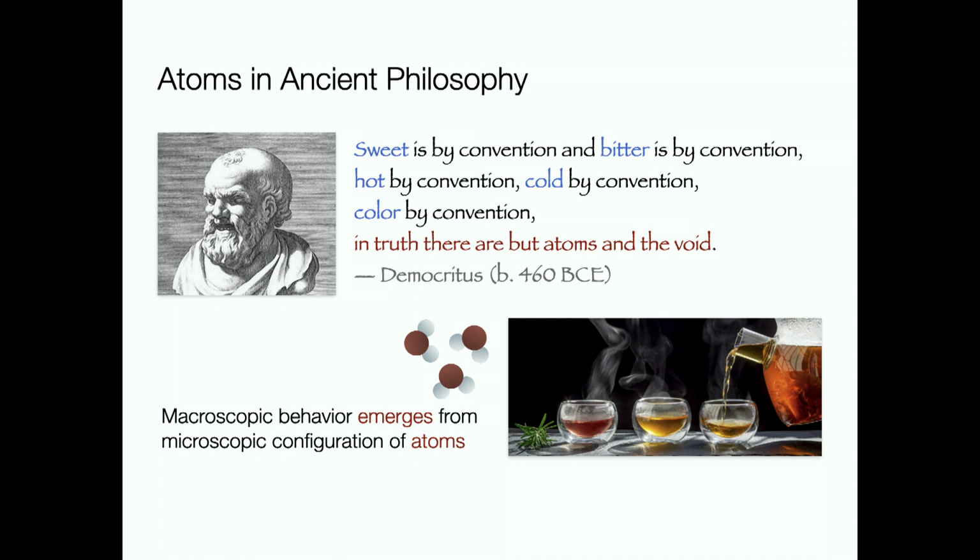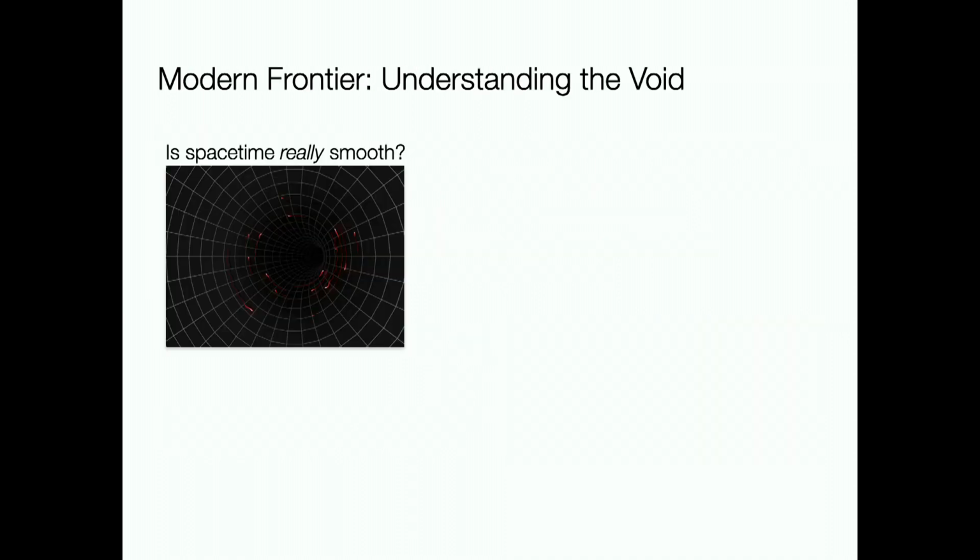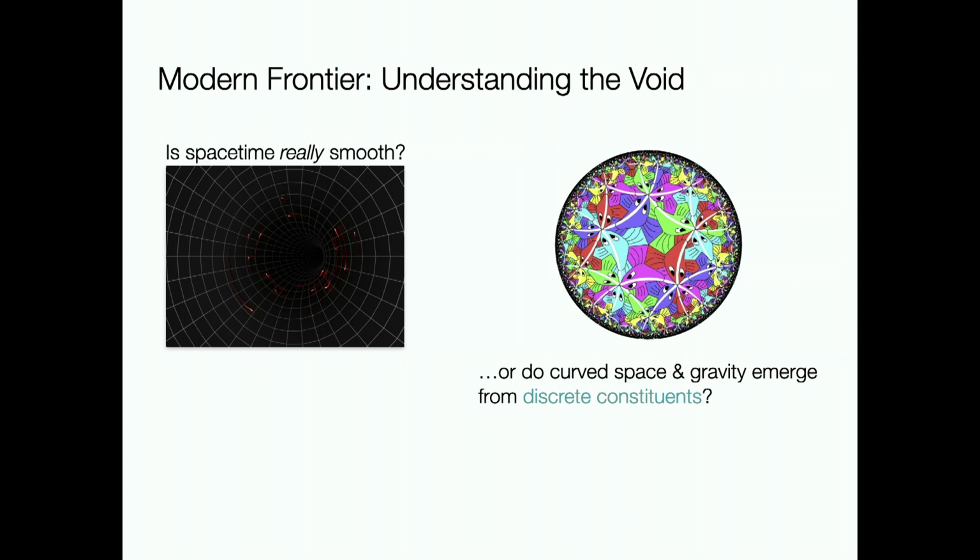So today we know that the fundamental building blocks of matter are atoms. But what about the void? There are still some open questions about space-time. Is it really smooth? Or is this also some kind of emergent phenomenon, where there's a more fundamental underlying description that we just haven't yet seen? So could curved space and gravity also emerge from some discrete constituents?